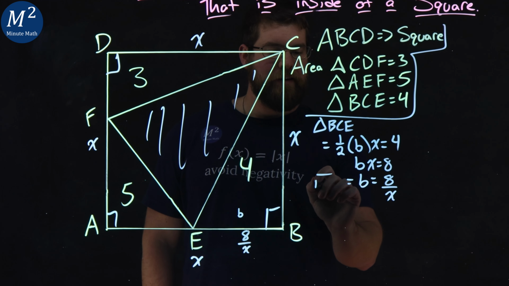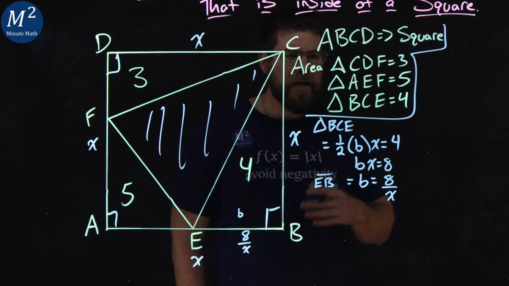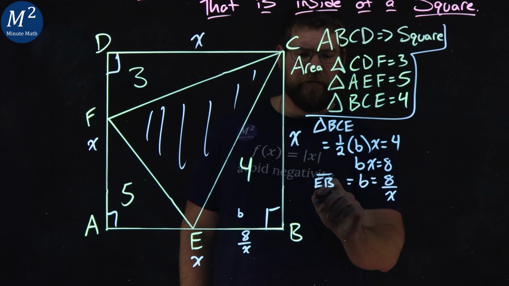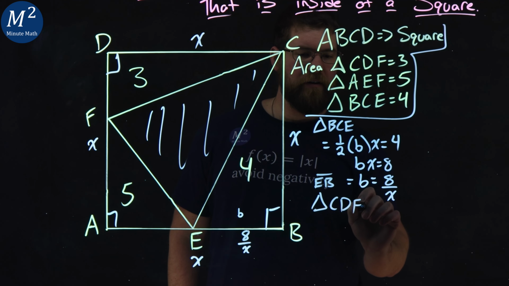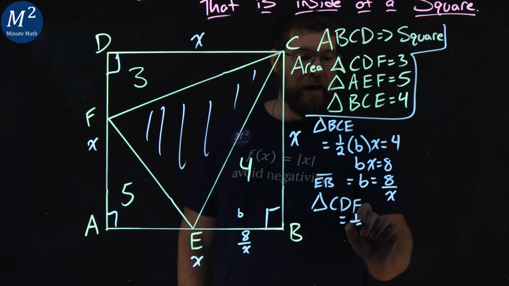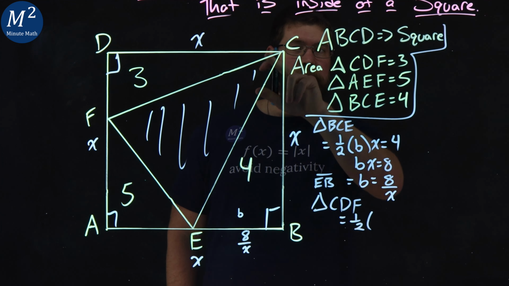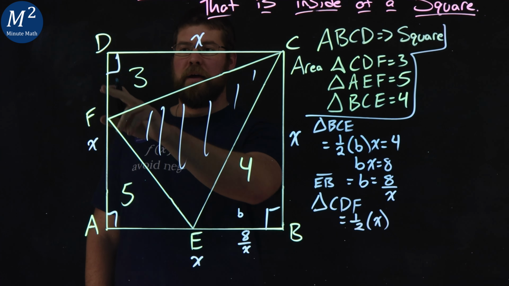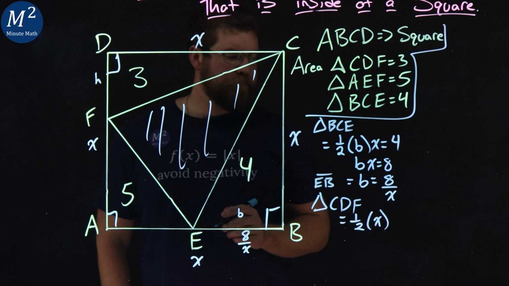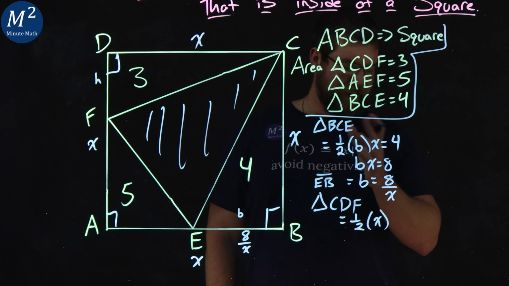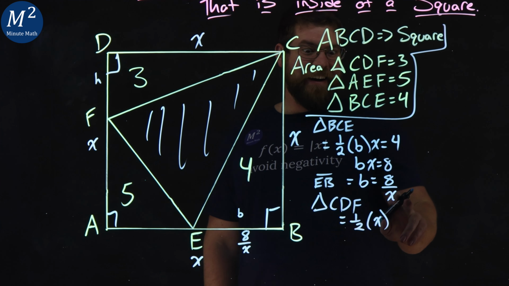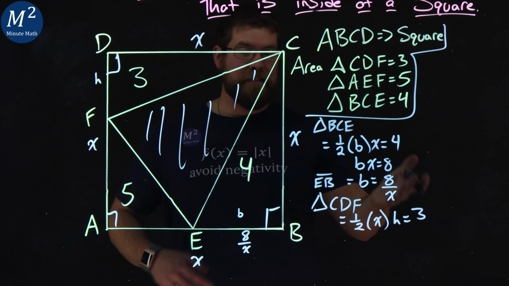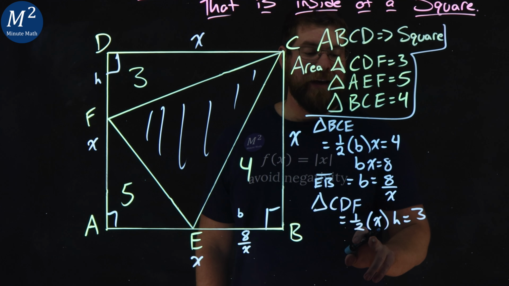Let's go, length EB. And we can do this again with our upper triangle. Triangle CDF, same idea. That has an area of 1/2 times our base, x, times our height, let's call it h, and we know it's equal to 3. I want to get h by itself.